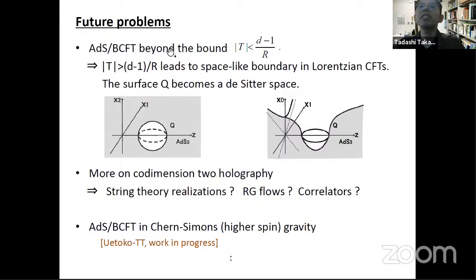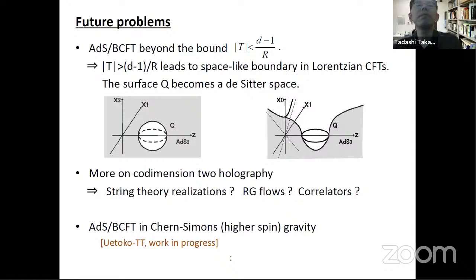But actually in the Lorentzian setup, we can think about this outside region, because this just gives a space-like boundary. That is, of course, quite an exotic one. But if we admit this, we can construct such a boundary by taking some analytical continuation of a regular boundary, for example, an imaginary radius.